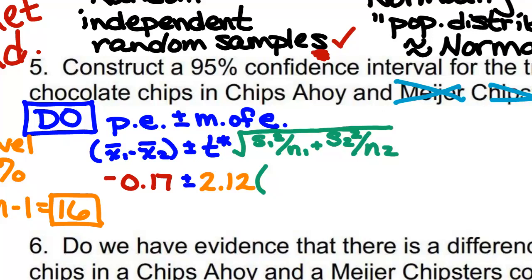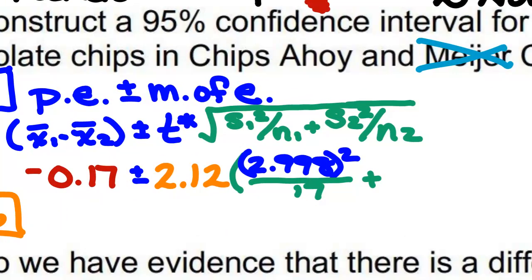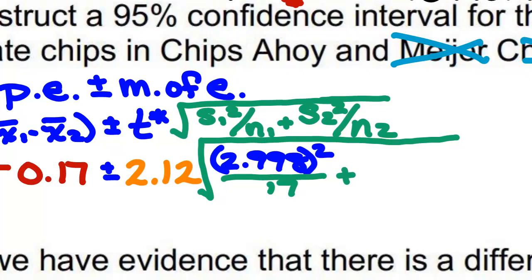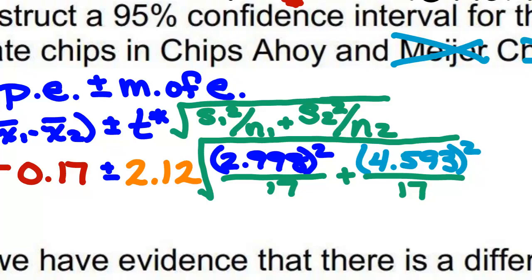What was s1 again? 2.998 squared over, what was n1? Over 17, plus, what was the other s value, the one for the Chipmates? 4.593 squared over n2, which was also 17.